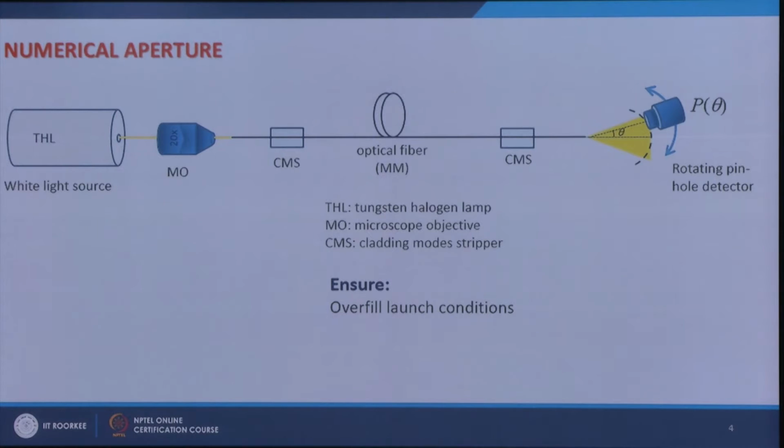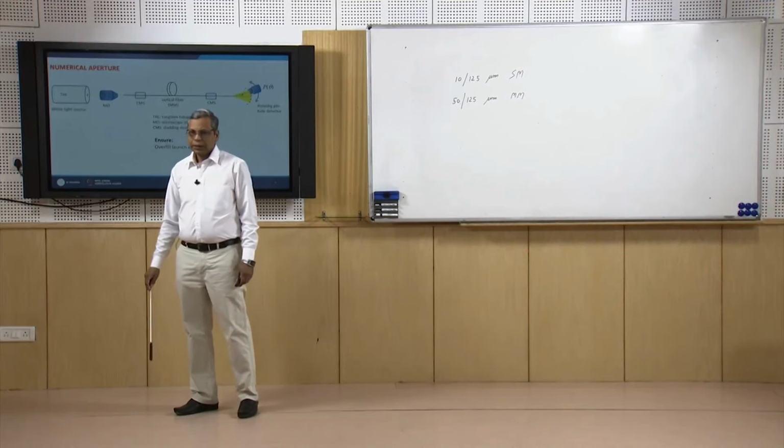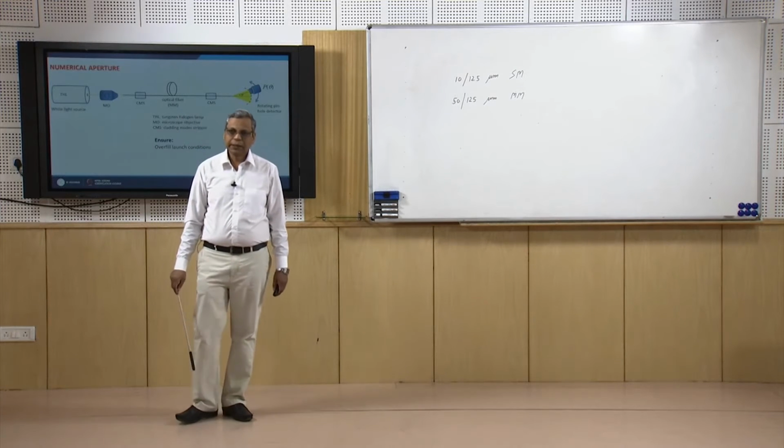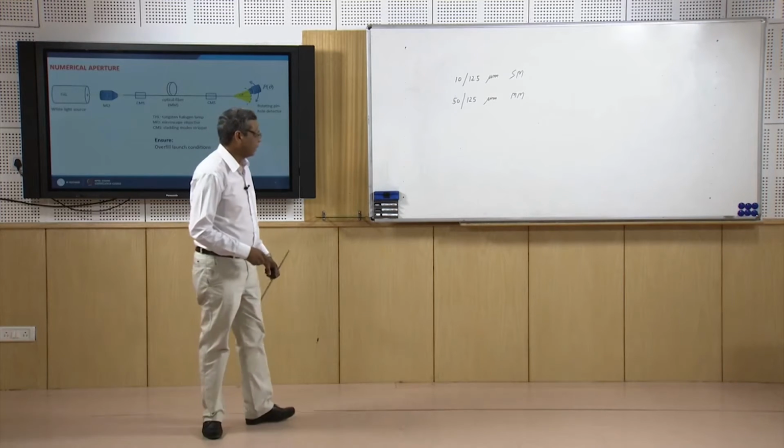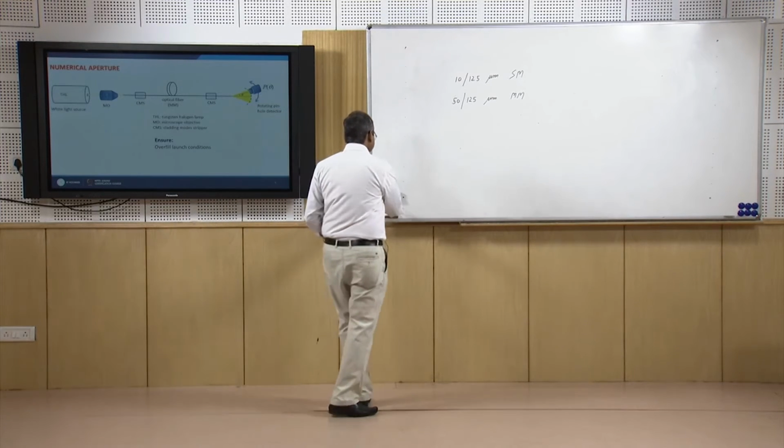And why do we want to use a white light source? It is because with the help of a white light source you can overfill the numerical aperture of the fiber. What do I mean by that?